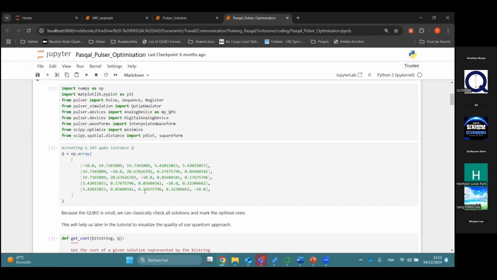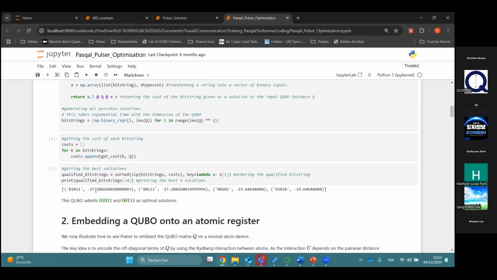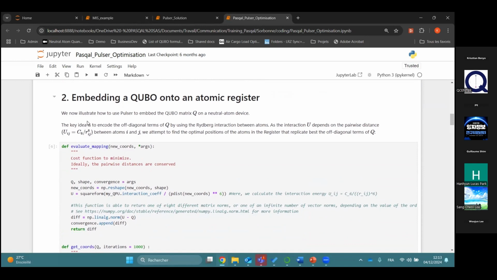Therefore, my task, if I want to implement this Kubo type formulation, is that I want to find for this matrix the right position of the atoms themselves. For this, I'm simply going to embed this Kubo problem on the atomic register.